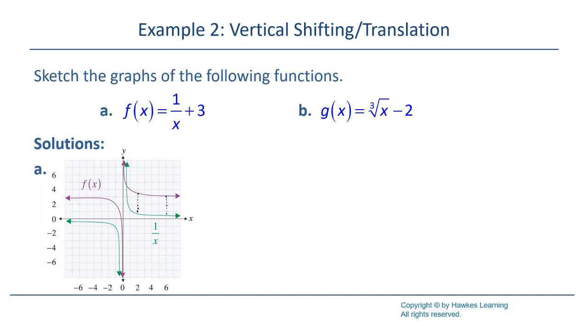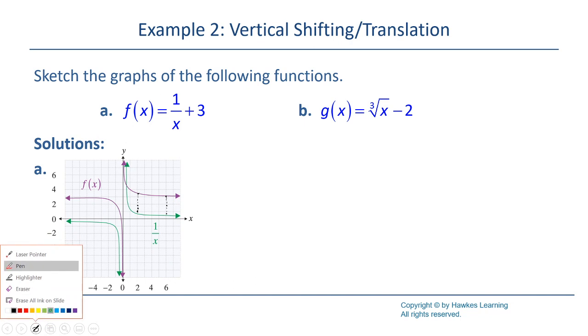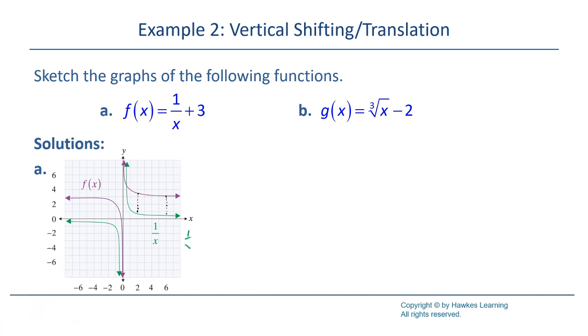The other thing this one did, and we didn't see it with the horizontal shift for the given examples, but vertical and horizontal shifts could also affect your range. Now in this case, remember, the original's range, so if we have 1 over x, the range is going to be from negative infinity to 0, union 0 to infinity. But because we did a vertical shift up, that's now affected the range in a different way.